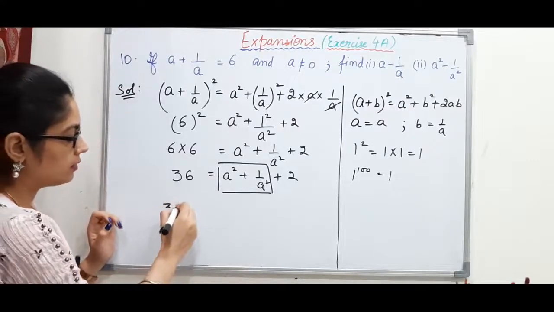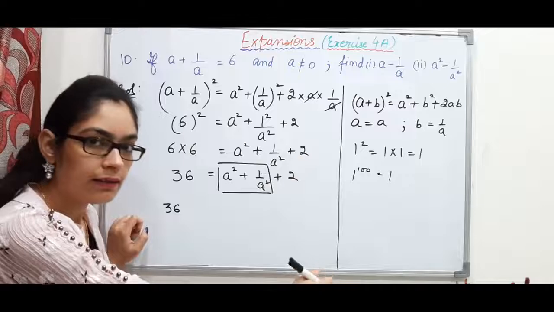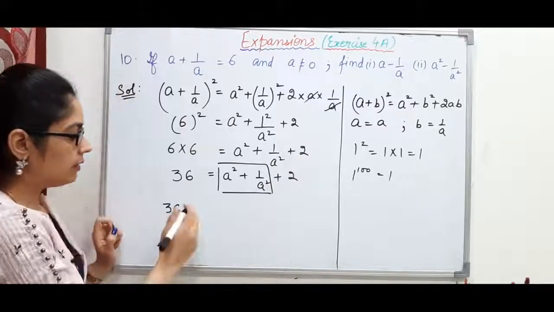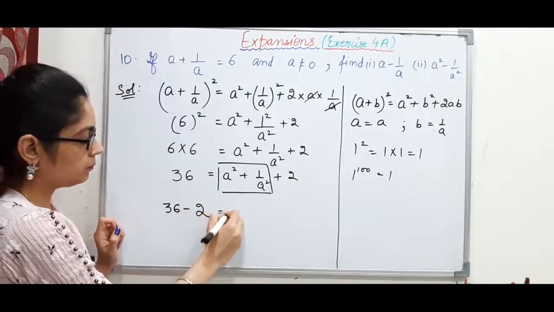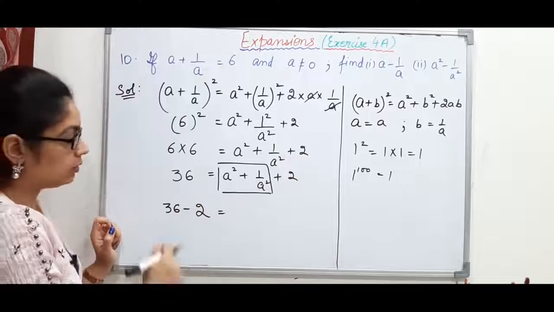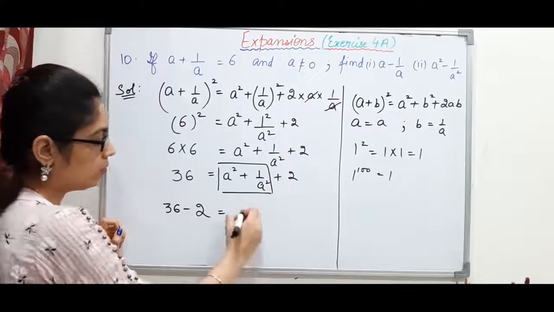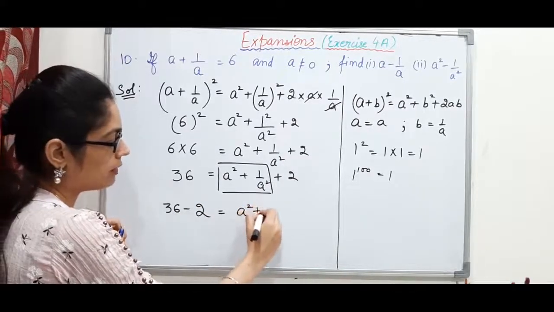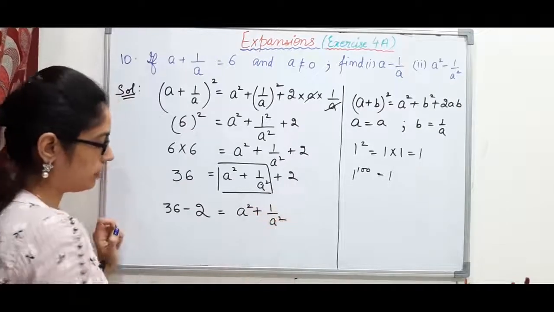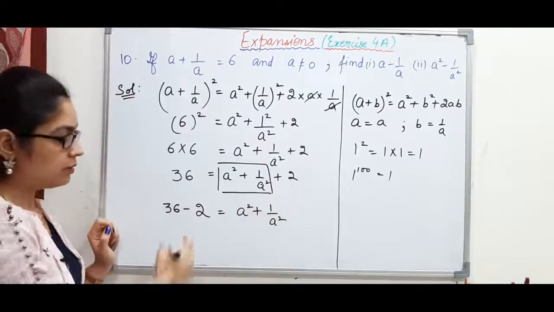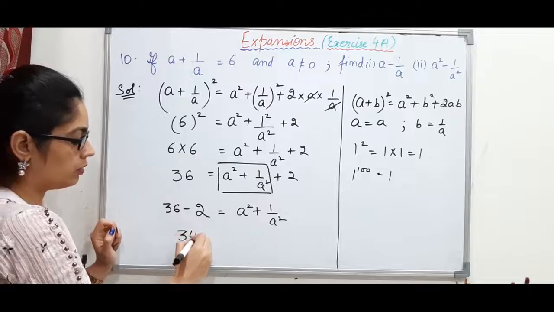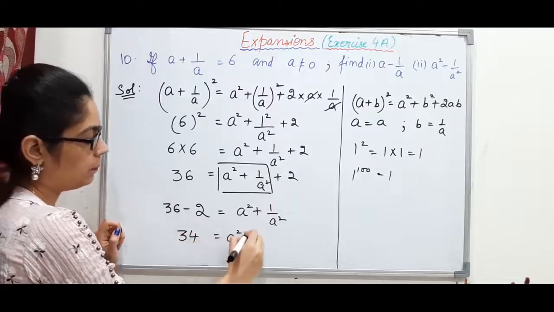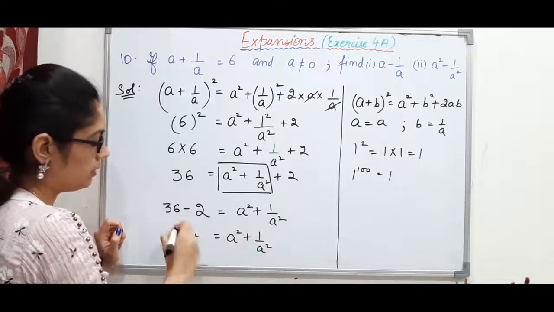So 36, this 2 is getting added on this side, so on changing the side it will get subtracted. 36 minus 2. So it is a square plus 1 by a square, 36 minus 2 is 34. So a square plus 1 by a square is 34.